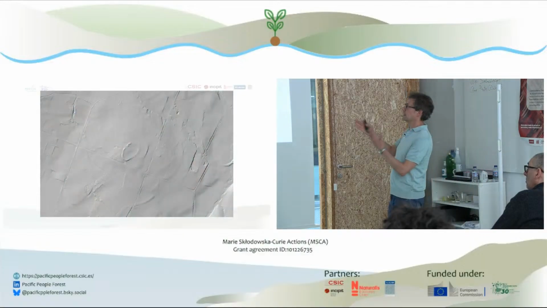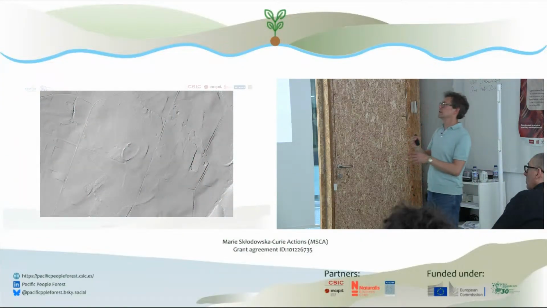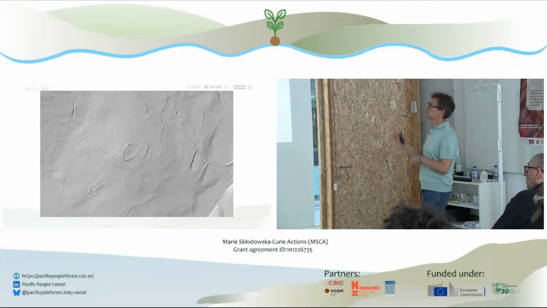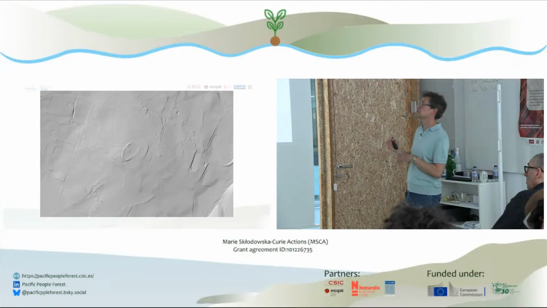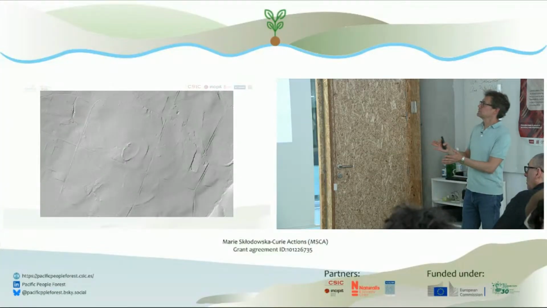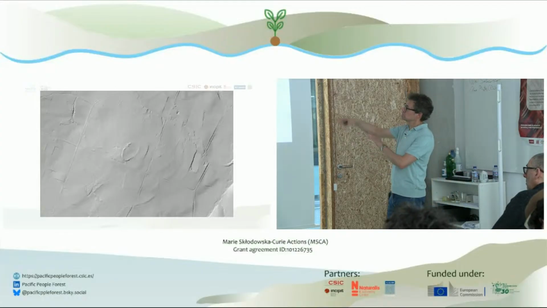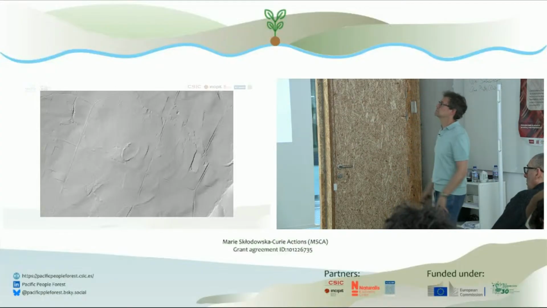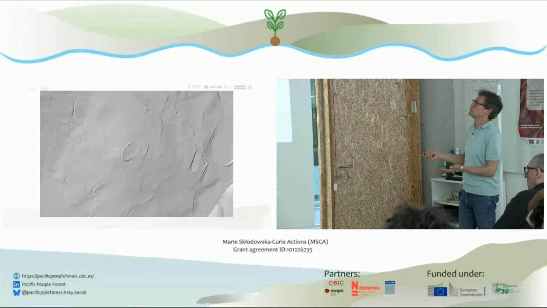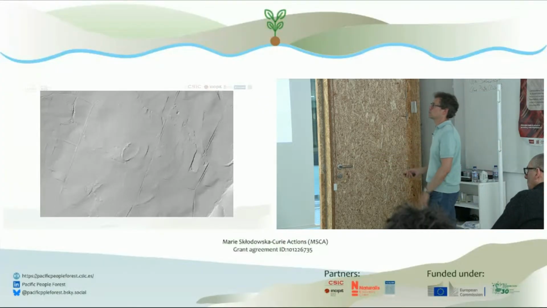Even if you look at the LiDAR data in the most typical visualization, which is called a hill-shaded map, things look fairly flat in general. So there are some topographic changes here and there, basically the roads and things like that, but it doesn't look like a very varied topography.